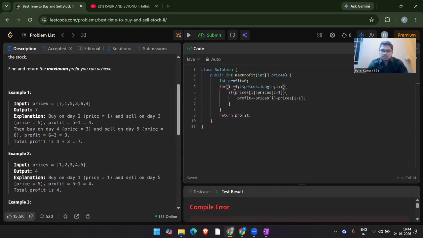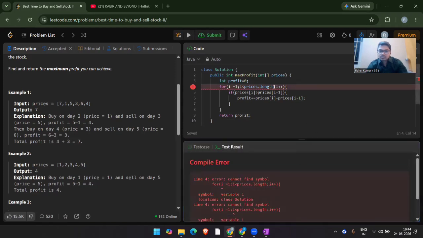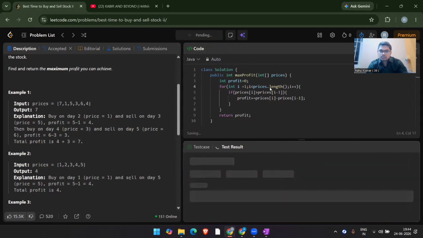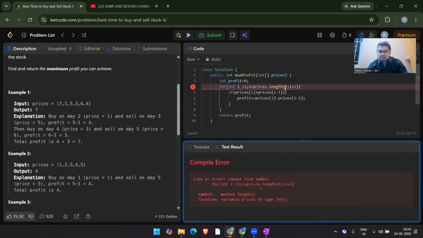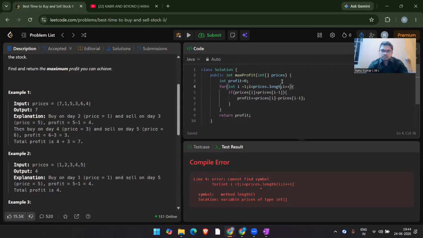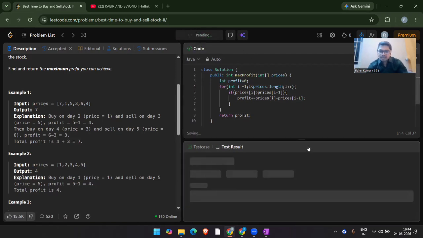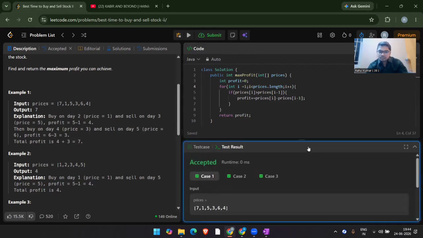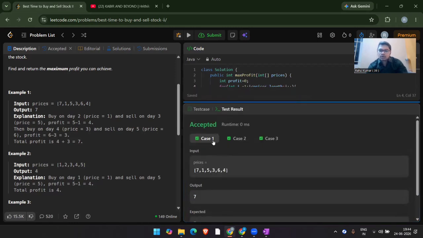Okay, here I did one mistake. Okay, so now it got successfully executed and all the test cases are working.